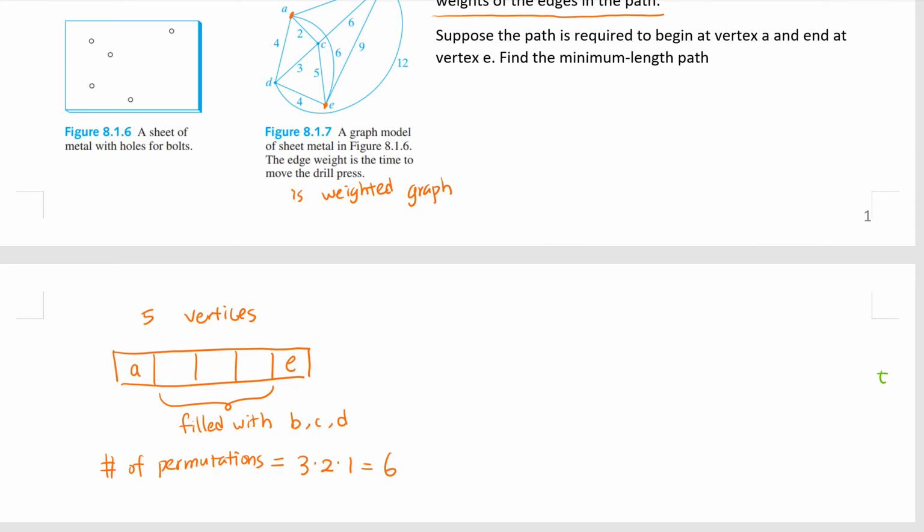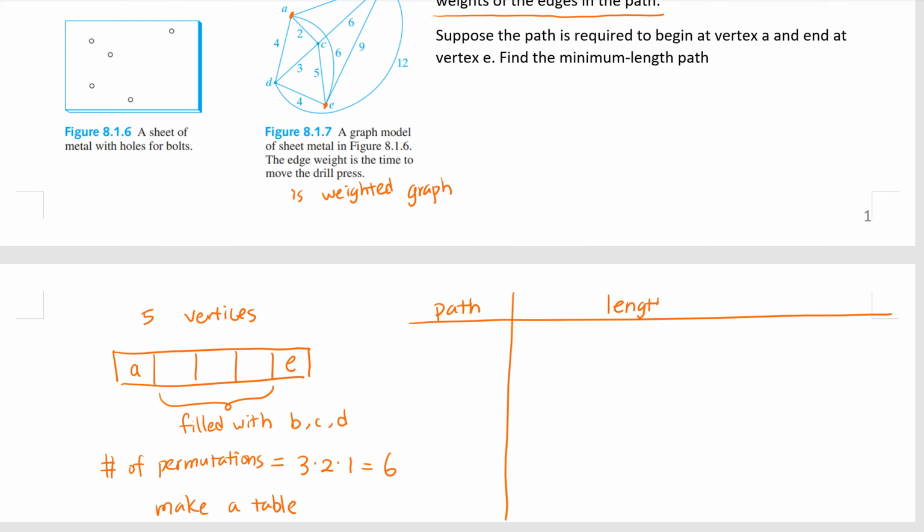Let's make a table. Here we have the path, and here the length of the path, which in this case is the time to move the drill press. We should have 6 paths.